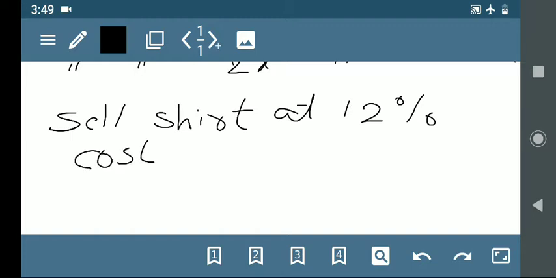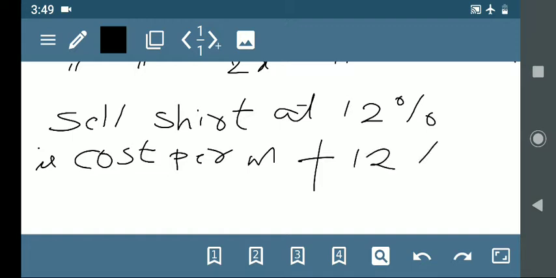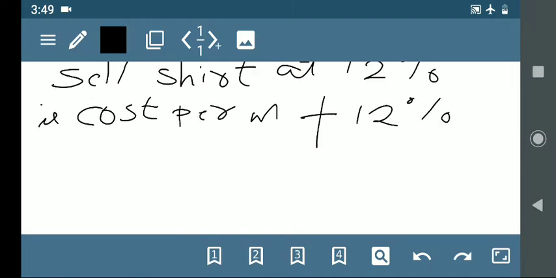The selling price is the cost per meter plus 12% profit. What is the cost per meter?